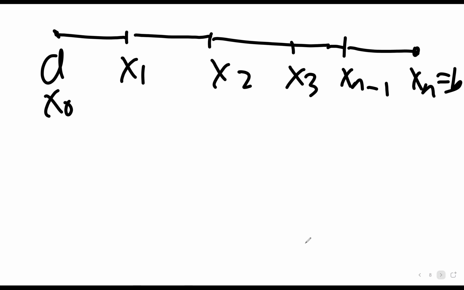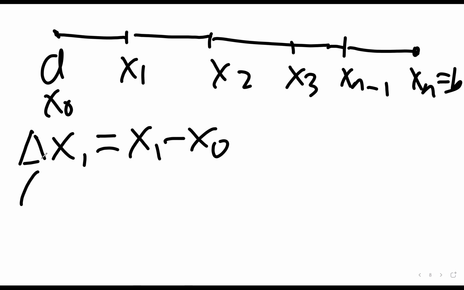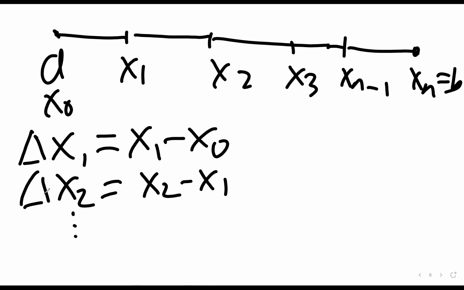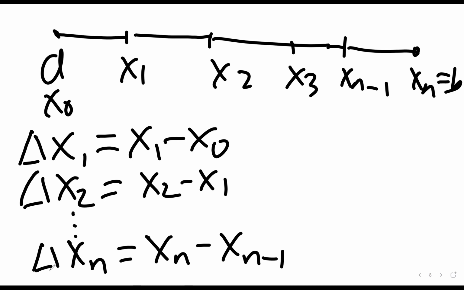The length of each subinterval, we will denote by delta x. So the first subinterval, delta x1, is simply x1 minus x0. The length of the second subinterval, delta x2, is x2 minus x1, and I will repeat until the length of the nth subinterval, delta xn, is xn minus xn minus 1.